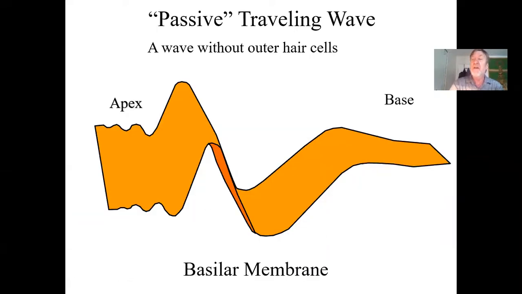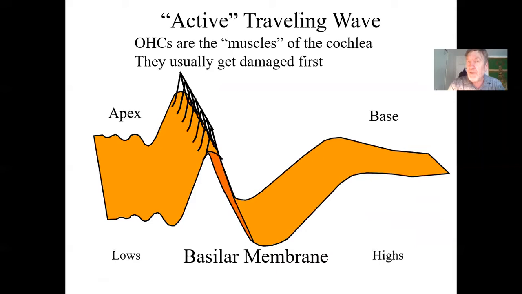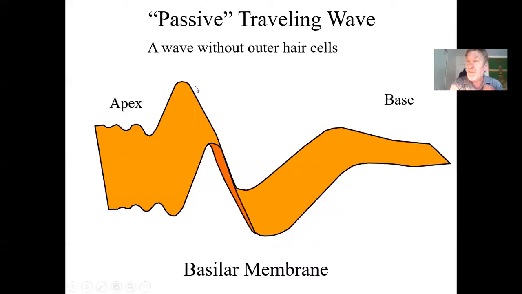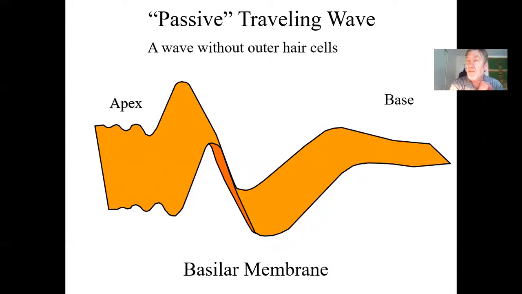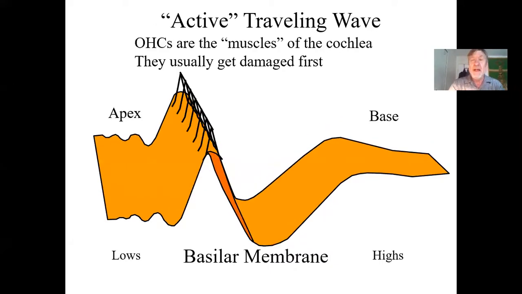So, outer hair cells sharpen and amplify the peak of the traveling wave, as we've learned before. Okay, this guy can separate frequencies close together. This guy cannot. This guy has no hearing loss. This person does. This person has active, normal working outer hair cells.